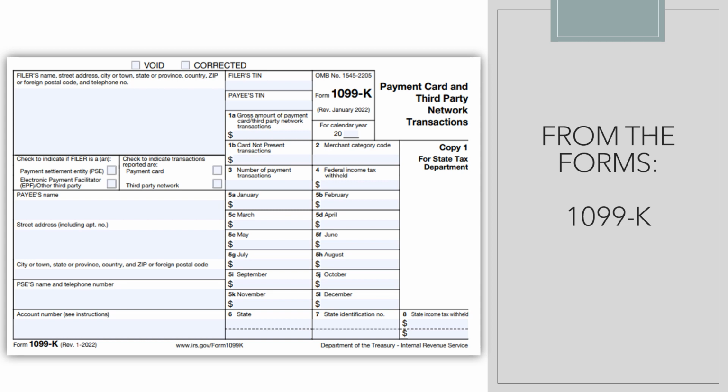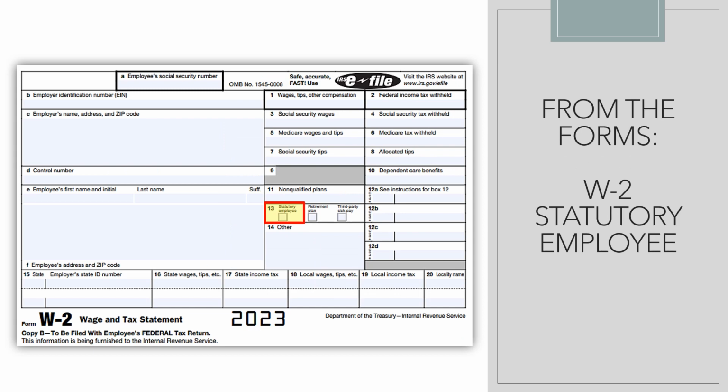Another form that we could see from our clients is actually a Form W-2, but in box 13 they would have checked that they were a statutory employee. And a statutory employee is an independent contractor who is considered an employee for tax withholding purposes. So the employer or the company that they're providing services to is going to withhold Social Security and Medicare tax for this individual.